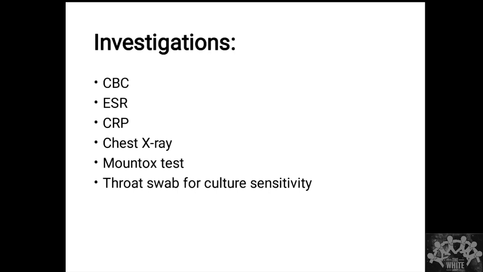More than 10 mm is significant. You will measure it horizontally, not vertically, because our lymphatic channels run vertically, so it may give false positive results. That's why we read the Monto test only horizontally.